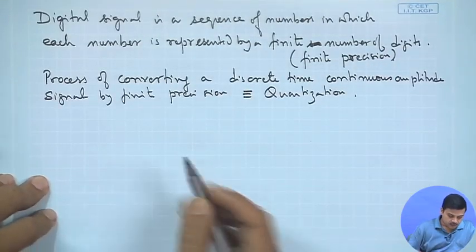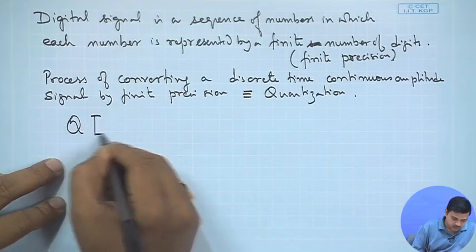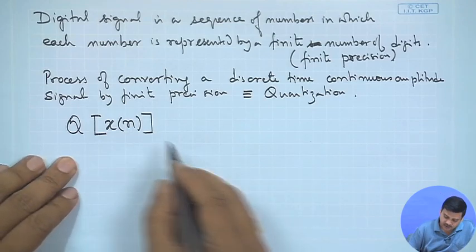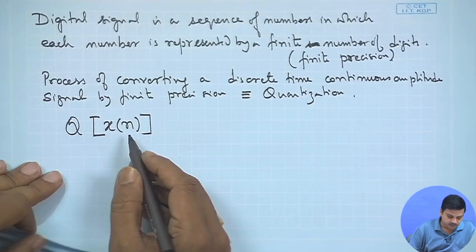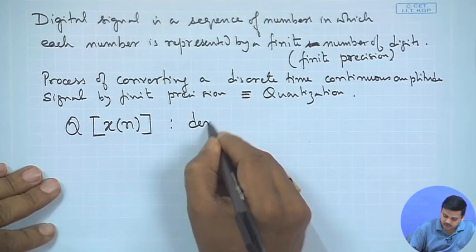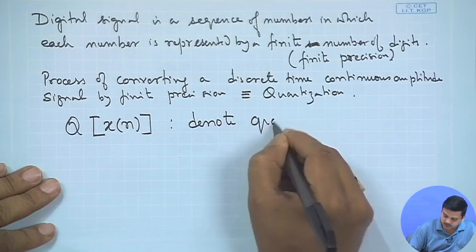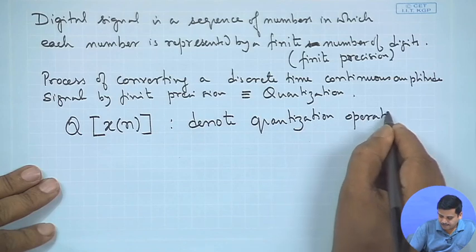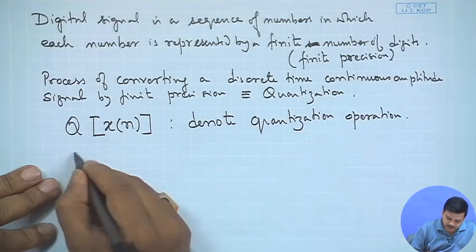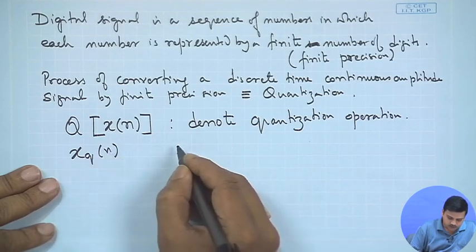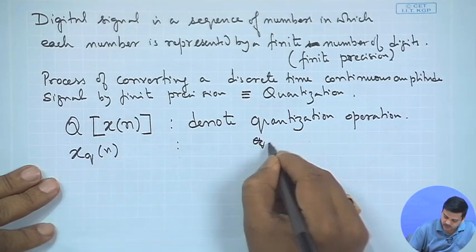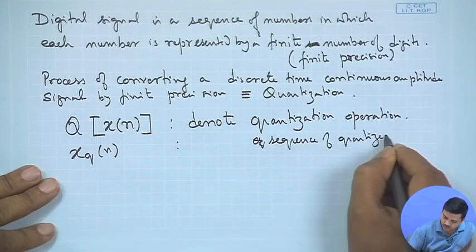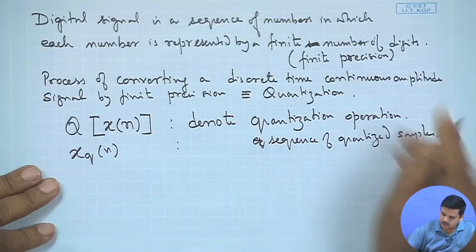So, now we would represent Q of x[n]. If you would recall from the earlier discussion, x[n] represents the output of the sampler, that means the sampled sequence. So, let Q denote the quantization operation, and x_q[n] denote the quantized sequence of quantized samples.